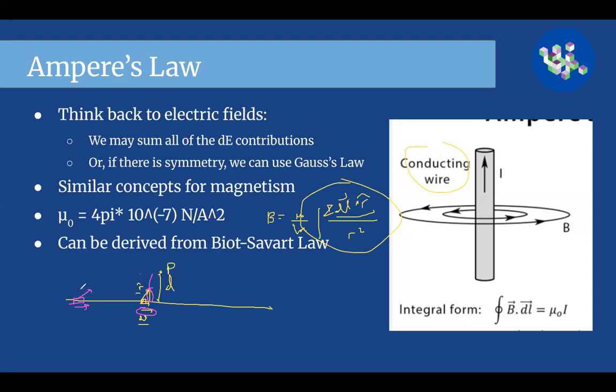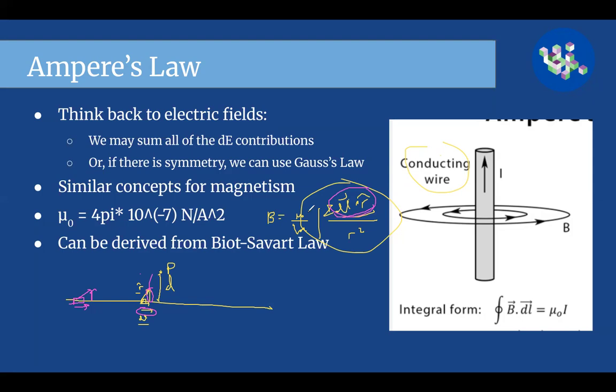You can see that r hat is at a different angle with the horizontal, meaning that the perpendicular component to the dl vector has changed. So everywhere along the wire, dl crossed with r is not going to be constant. So you have to do some geometry, and you'll be able to do the integral, but it's not the easiest way to solve the problem.